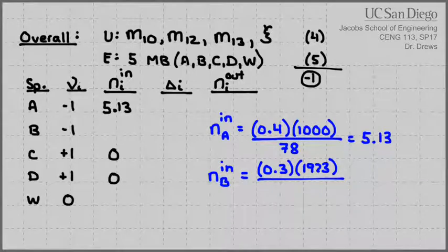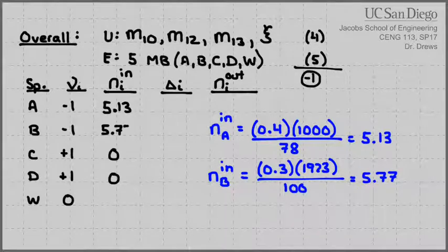And the molar mass of B is 100. If I throw those into my calculator, I've got 0.3 times 1923 divided by 100, about 5.77. So we can put that in here on our table as 5.77.